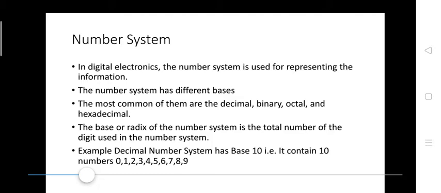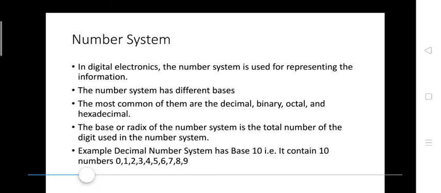Base or radix of a number system is the total number of digits used in the number system. For example, decimal number system has base 10. That is, decimal number system contains 10 digits from 0, 1, 2, 3, 4, 5, 6, 7, 8, 9.